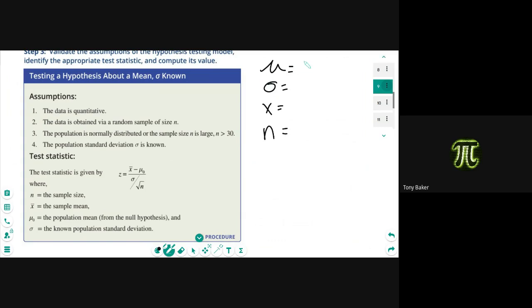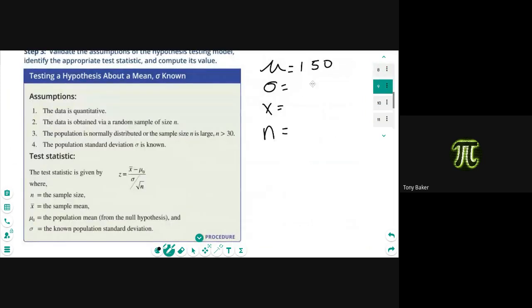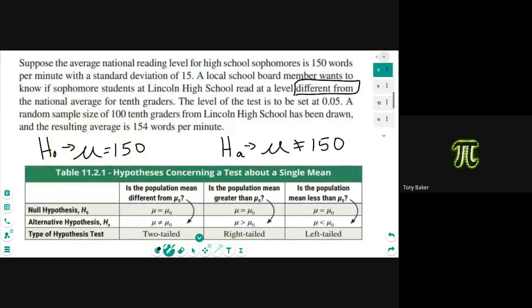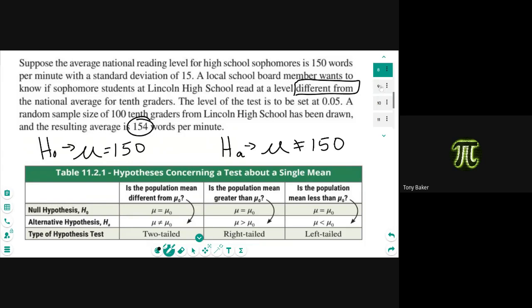So my mean in this case was 150. My standard deviation was 15. This is where that 154 comes in. That's my x, what I got. And my sample size was 100.